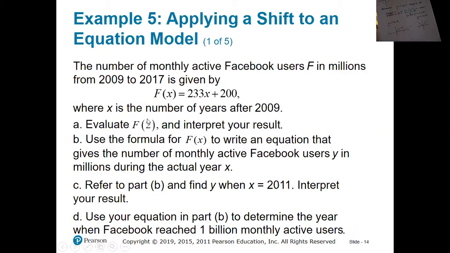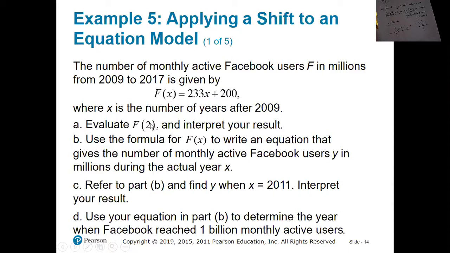So if this asks you, remember we evaluate f of 2 and interpret that. That just means we're going to put a 2 in for x right here and find what that answer is. So when the x is 2, which would be 2 years after this. So if this year is the first, this is going to actually be 2011 if we start with 2009.